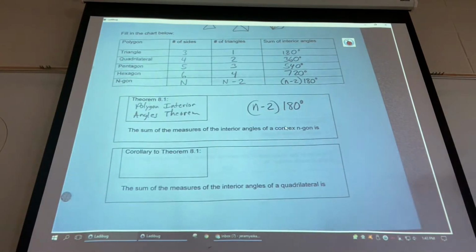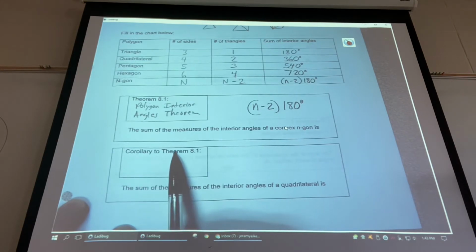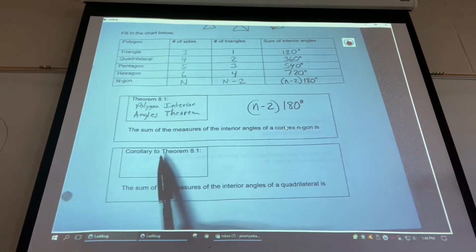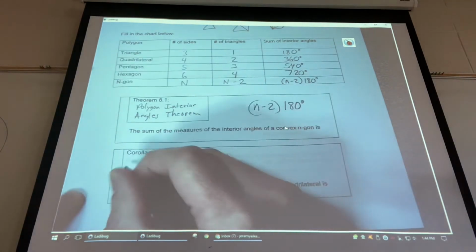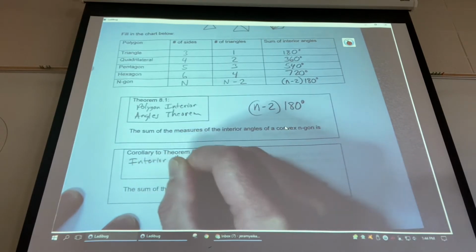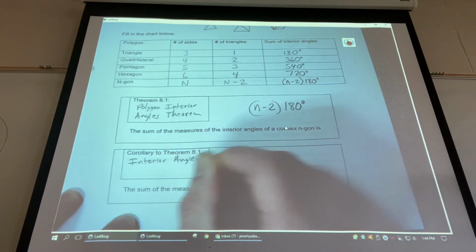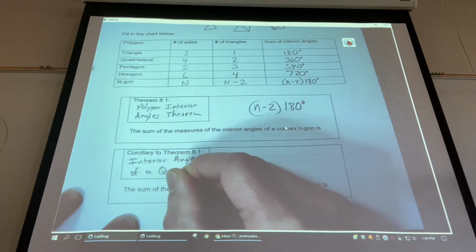Now, a corollary is something that's easily proven from a theorem. So the corollary to Theorem 8.1 is the interior angles of a quadrilateral.